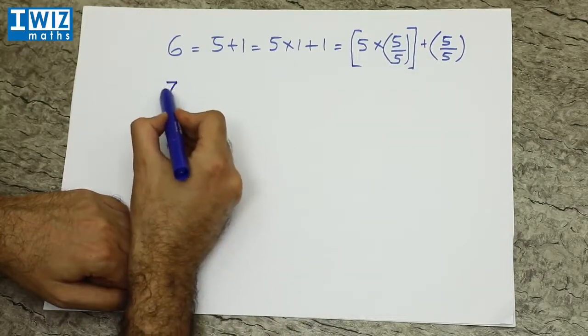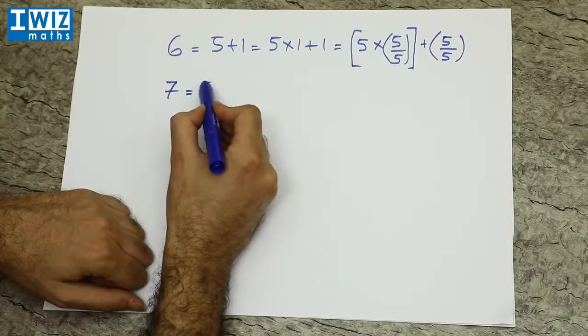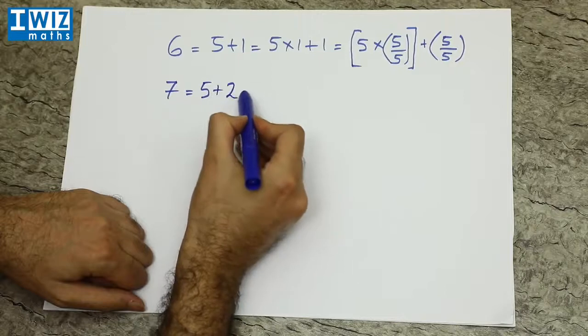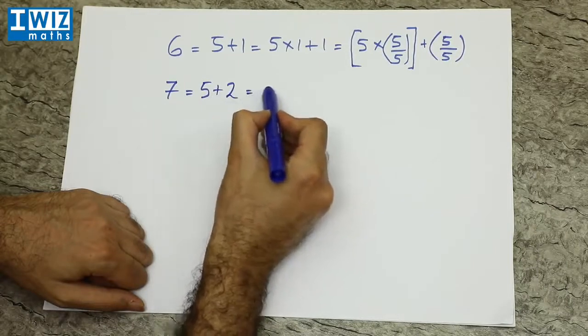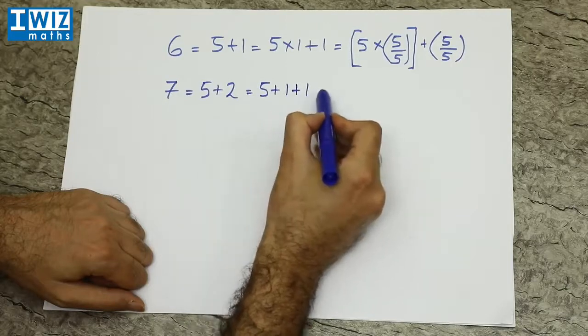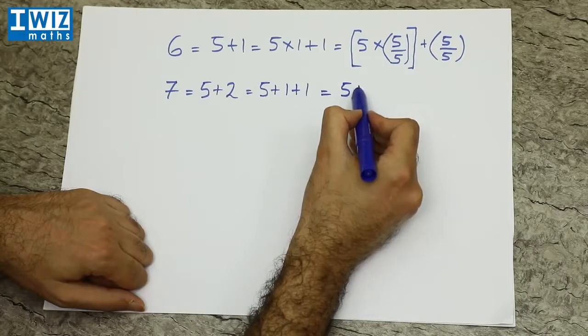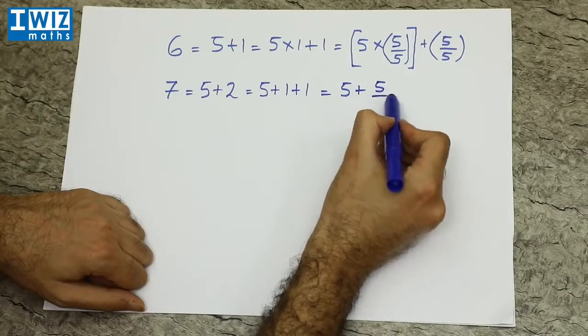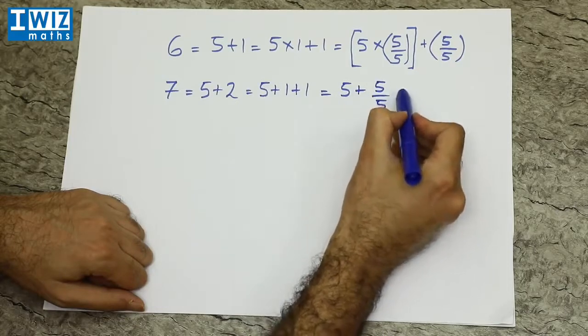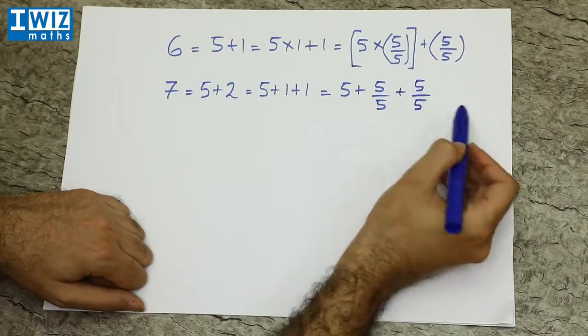Now if we want to get to 7, 7 can be written as 5 plus 2, which is 5 plus 1 plus 1, which can be written as 5 plus 5 divided by 5 plus 5 divided by 5.